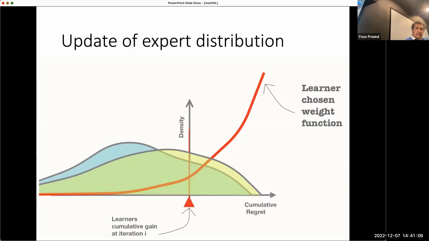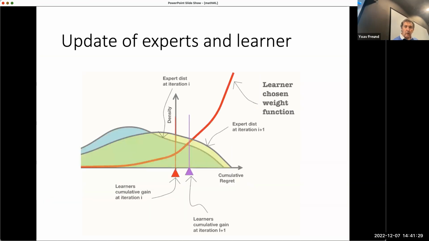And the update goes like this. Okay, so let's say that we had the blue distribution here. And now after the experts made their move, we have this new yellow distribution. Okay, and so basically, some experts did really well. And what we want is that if we calculate the loss of the algorithm, which is this weighted loss of the experts, that we track the good ones, right?